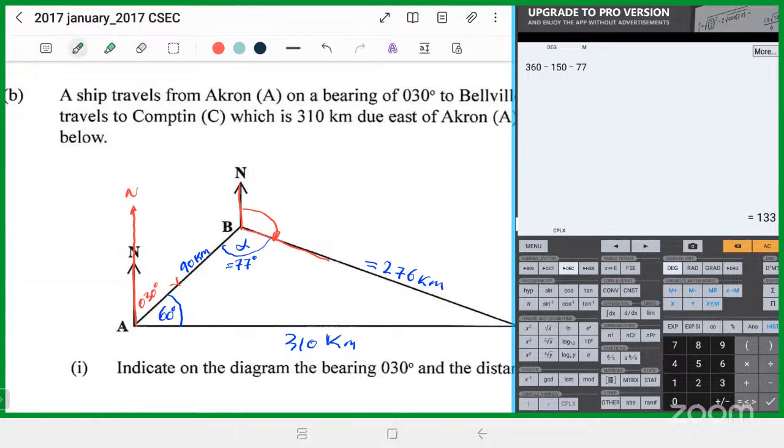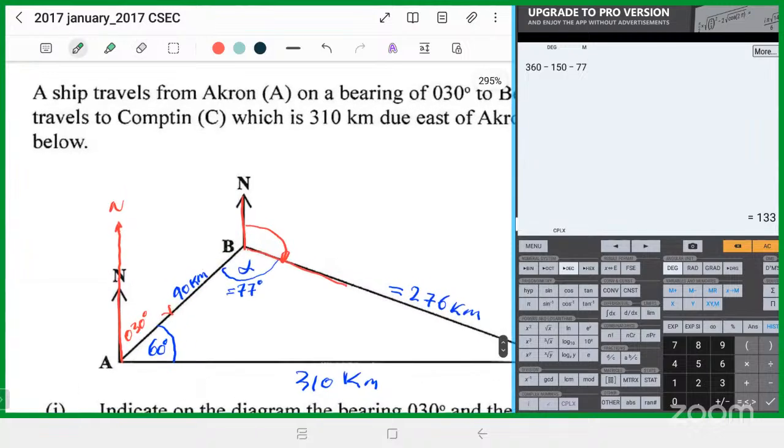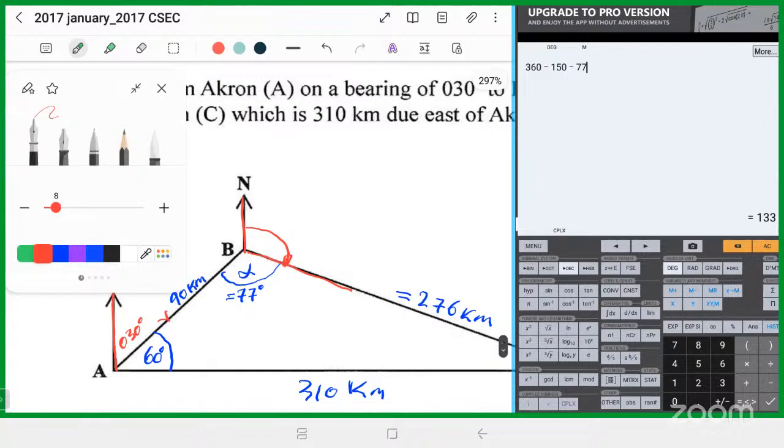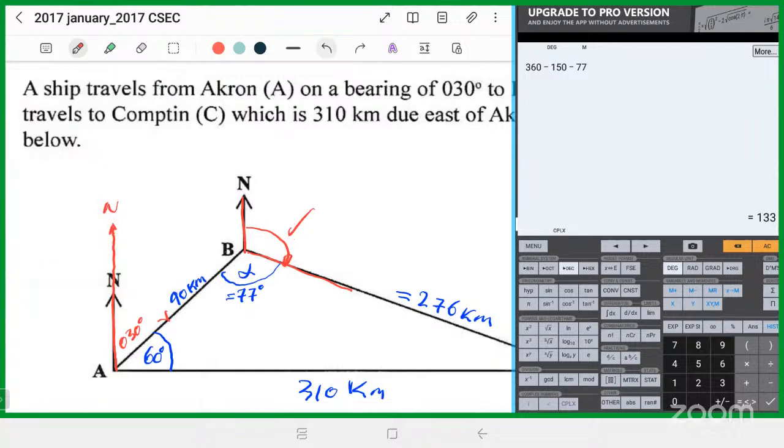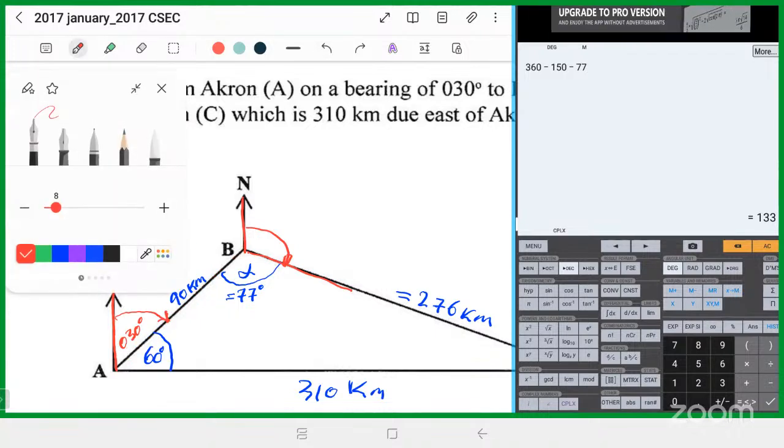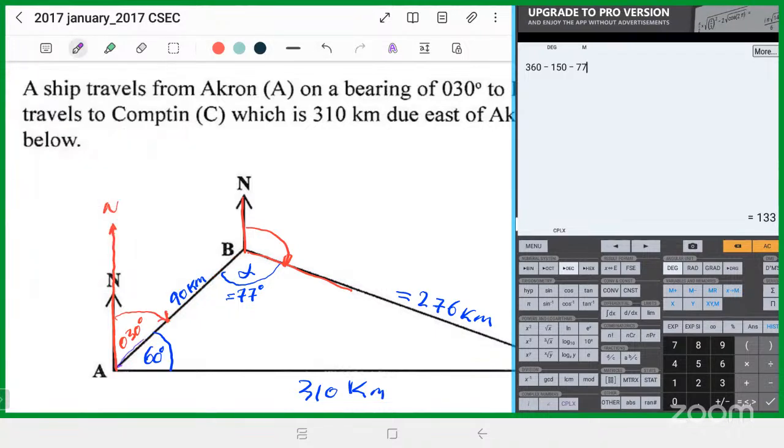Another way to do it: we're really trying to find this angle here. Now we know the direction of this line. If I take this direction line, A to B, and extend it further out, I'll draw it in purple.